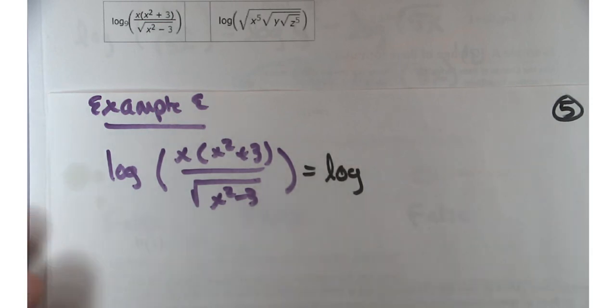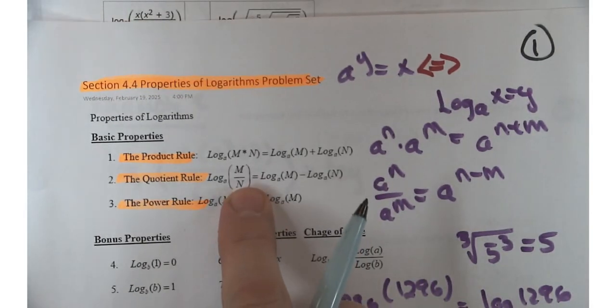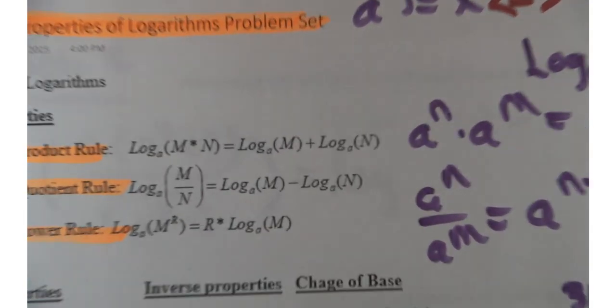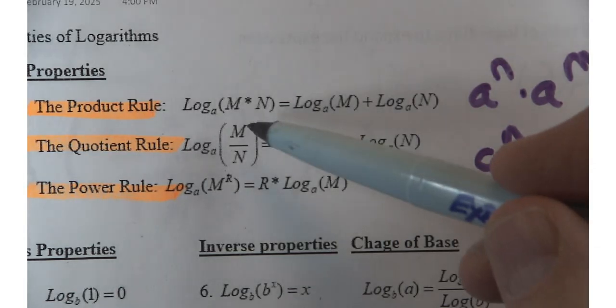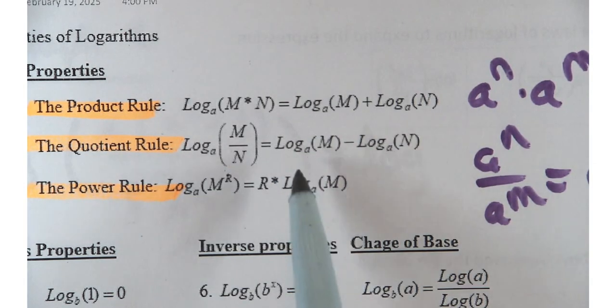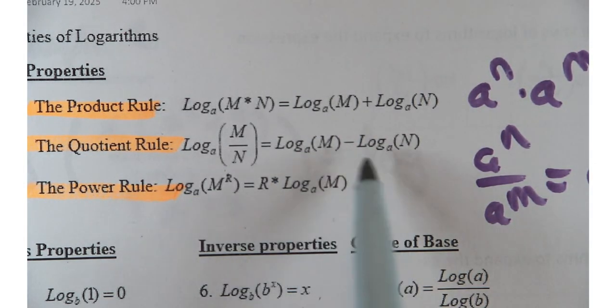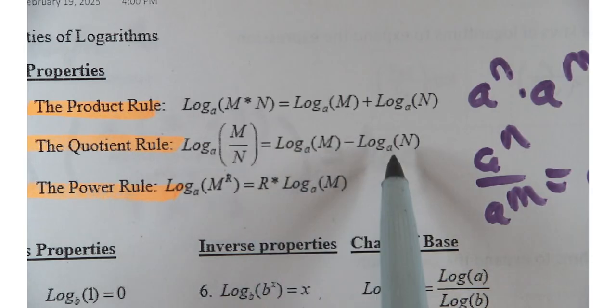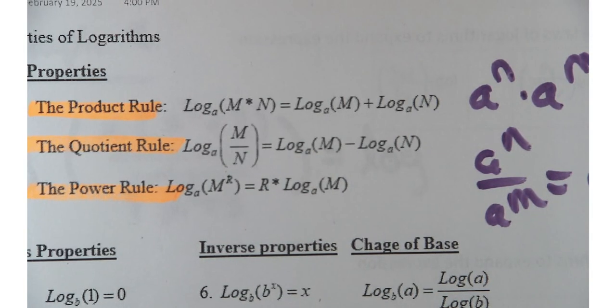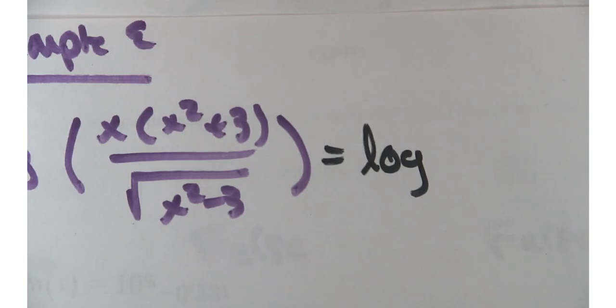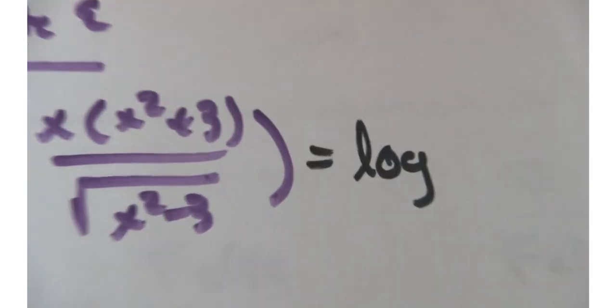Let's look at the quotient rule together then. The quotient rule says if you have the log of a quotient, that is the log of m divided by n, that you're going to take and subtract the logarithms, the log of the numerator minus the log of the denominator. Yeah, top minus the bottom, exactly.